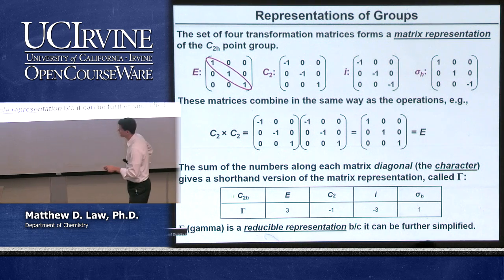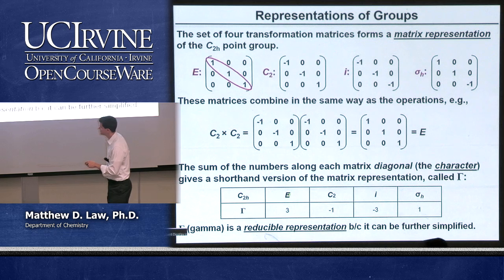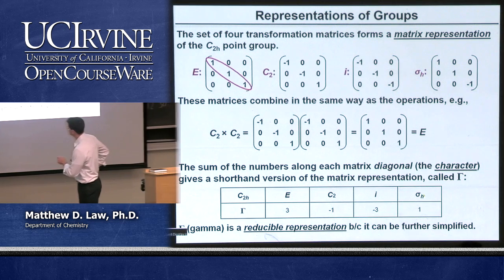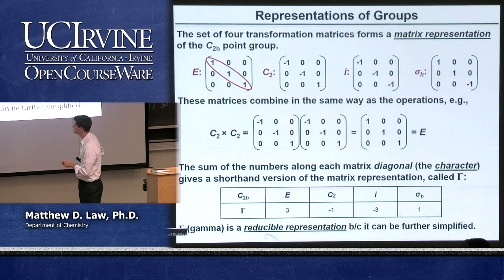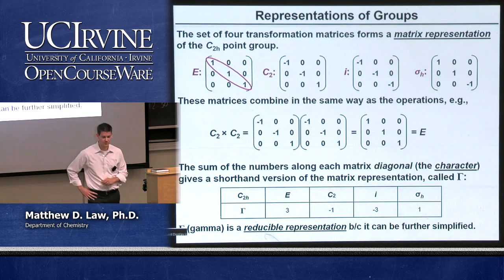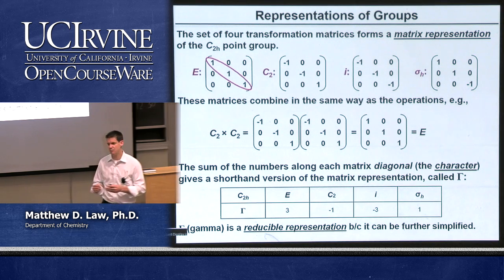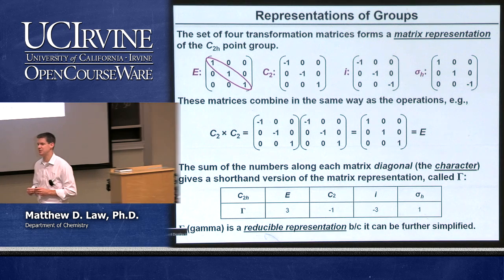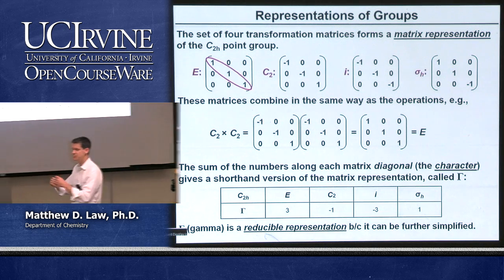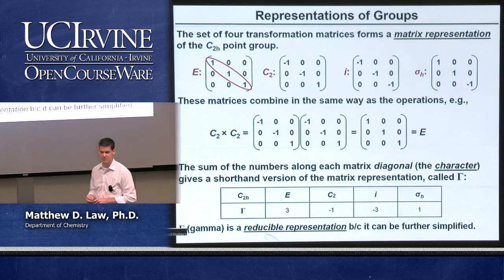But what we would do is list the point group, list the symmetry operations for that point group, and in this case we would say that we have a reducible representation with a character of 3 for E, -1 for C2, -3 for inversion, and 1 for the reflection. We'll show next time how we can break the reducible representation into irreducible components and build the entire character table for this particular point group.